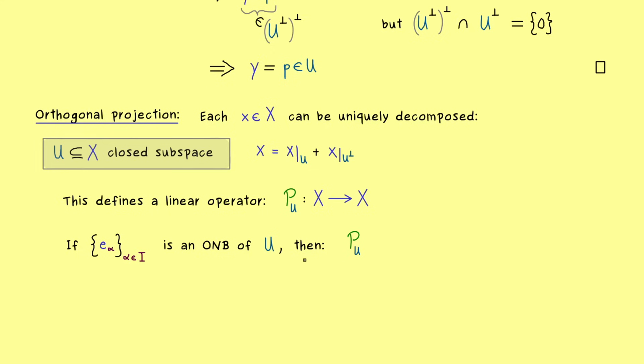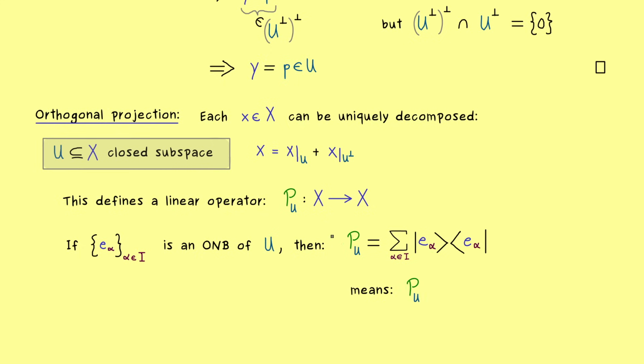So as always, let's denote this ONB by e_alpha, and then we can write P_U as a finite or infinite sum over these e_alpha. In fact, you might have already seen it written in an informal way like that. And I would say this is an easy way to remember this operator because you have one-dimensional projections and you sum them up.